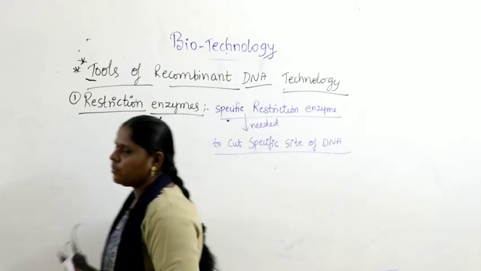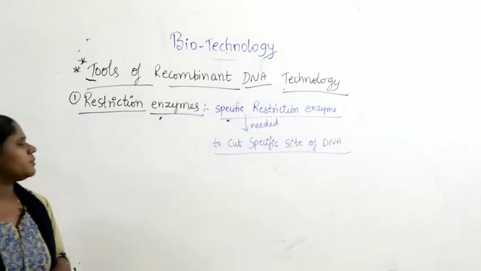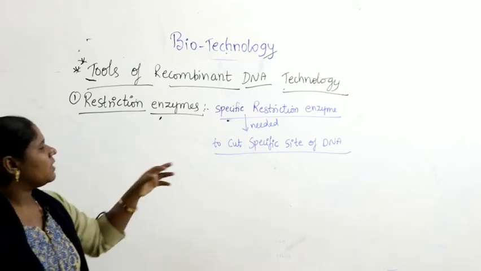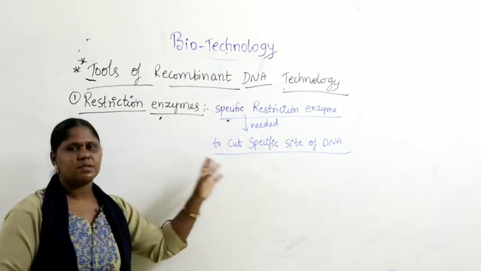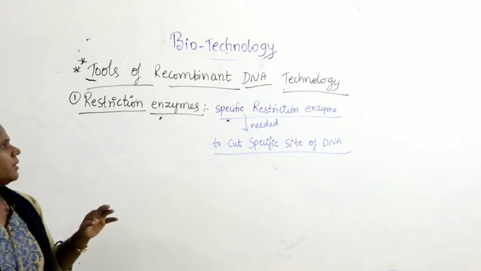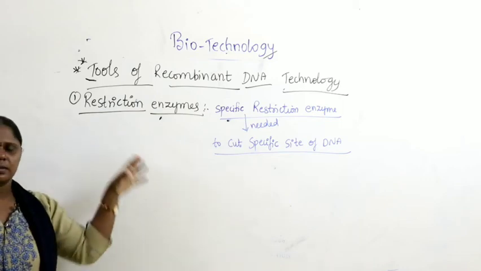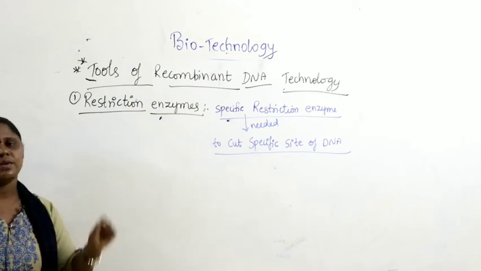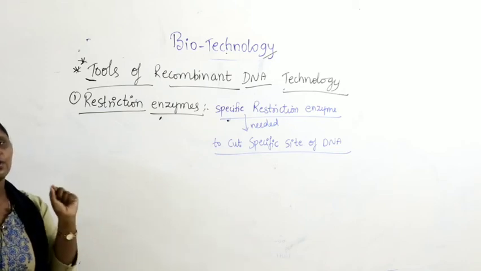So, what is a very important aspect? A specific restriction enzyme is needed to cut a specific site of DNA. So, for every fragment of DNA we have a specific restriction endonuclease.